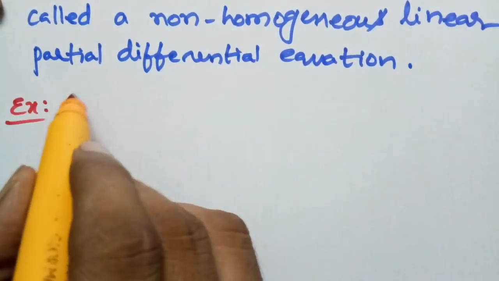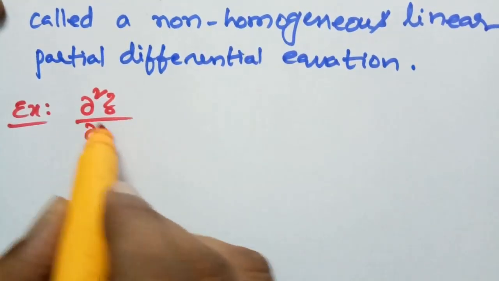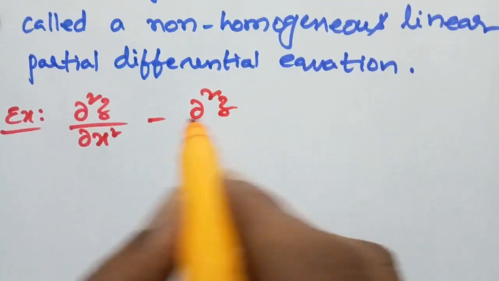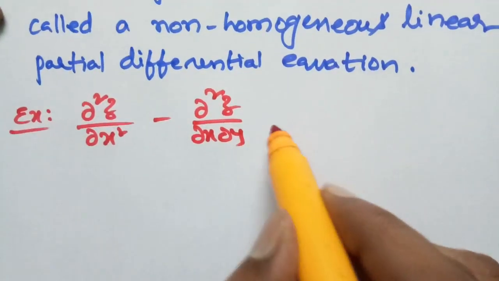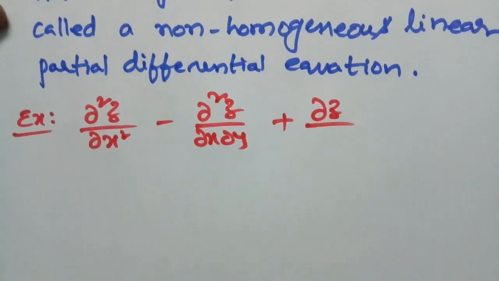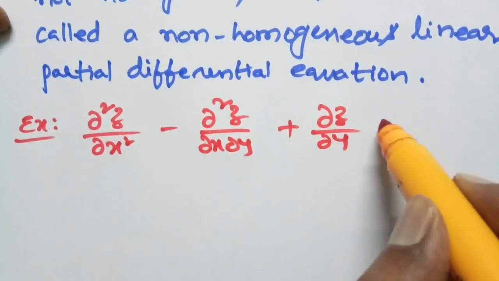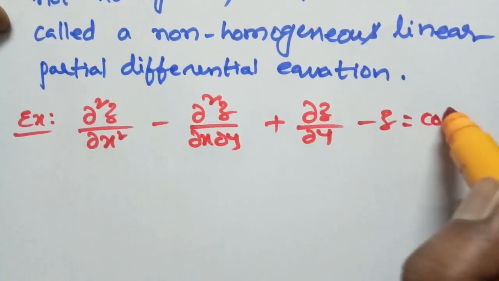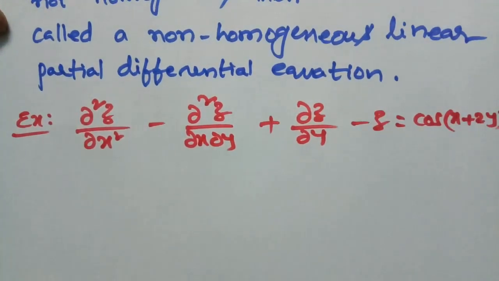For example, del square z by del x square minus del square z by del x del y plus del by del y of z minus z is equal to cos of x plus 2y.